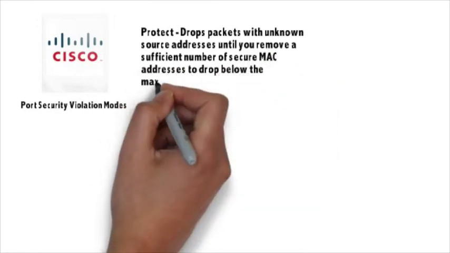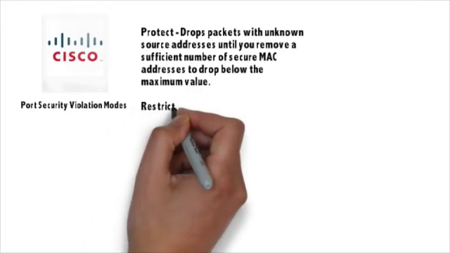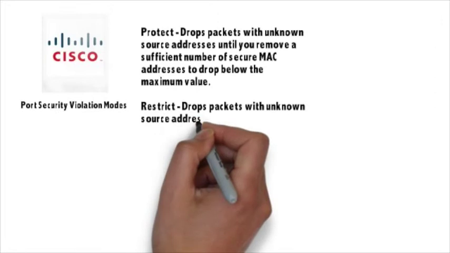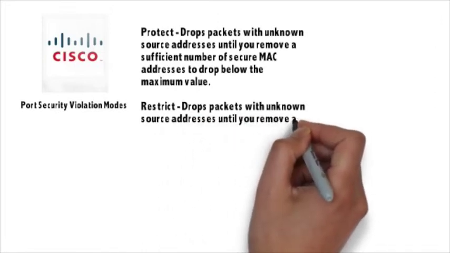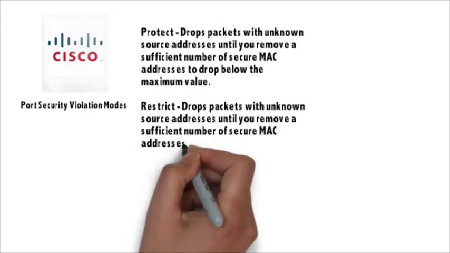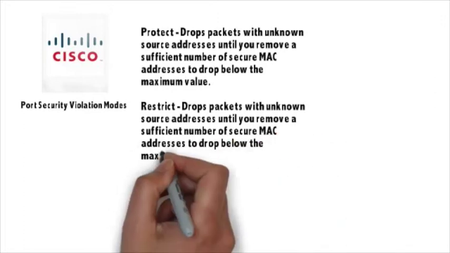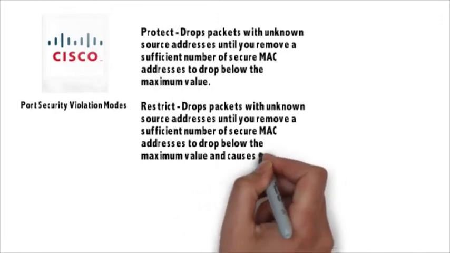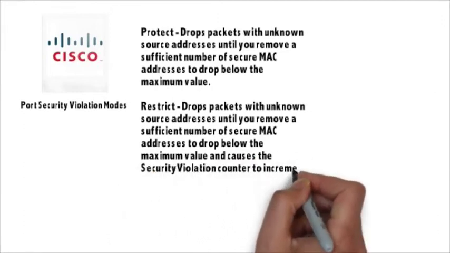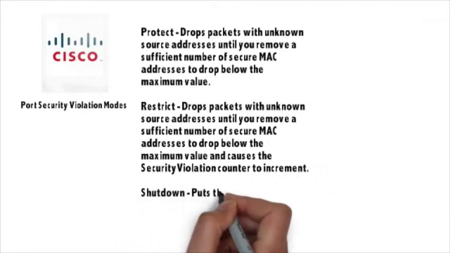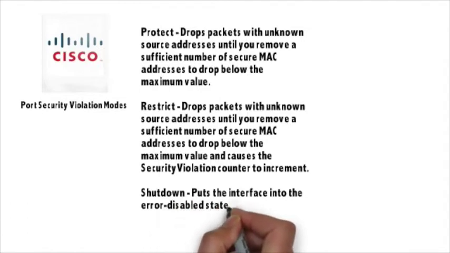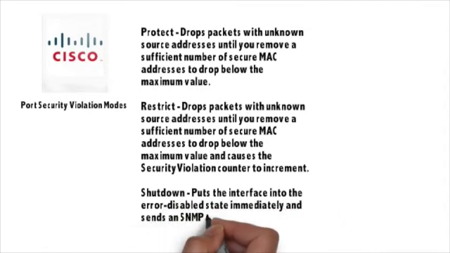The restrict mode, which we will be using, drops packets with unknown source addresses until you remove a sufficient number of secure MAC addresses to drop below the maximum value, and causes the security violation counter to increase: 1, 2, 3, 4, etc. Last but not least is the shutdown violation mode that puts the interface into the error-disabled state immediately and sends an SNMP trap notification.